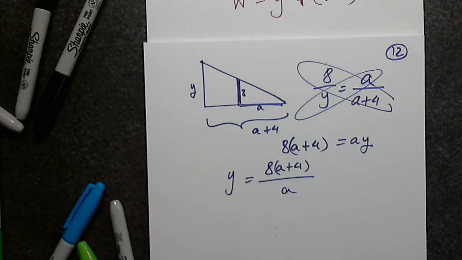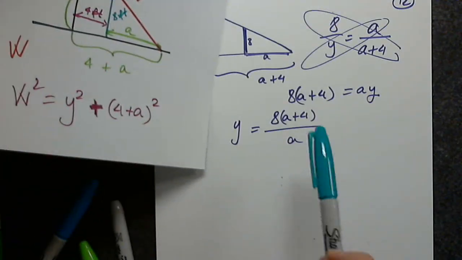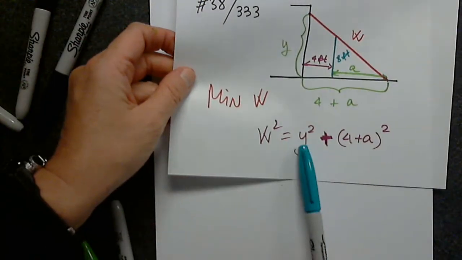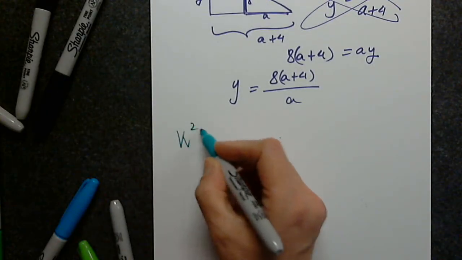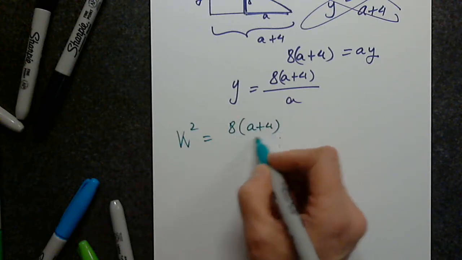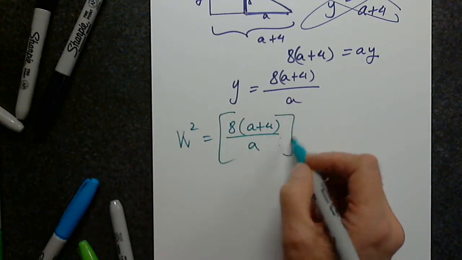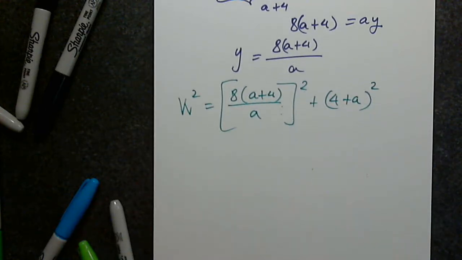Now I can go back and plug it in. In what? In here. I'm going to replace Y in here. So then I have W squared equals (8(A plus 4) over A) squared plus (4 plus A) squared.